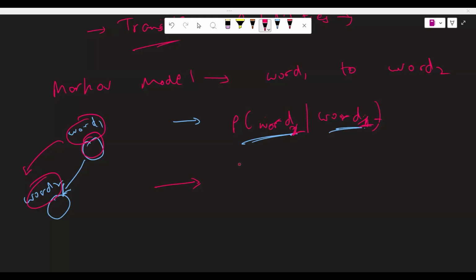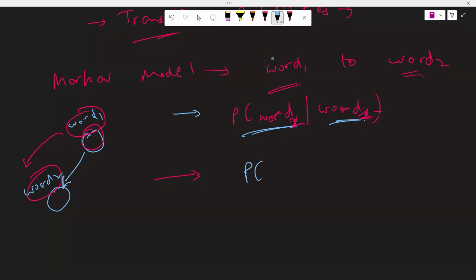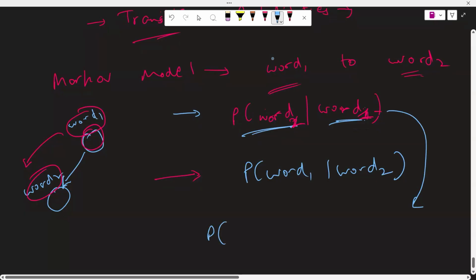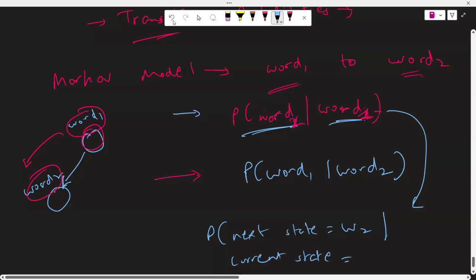Okay. So actually, this, in my opinion, can be defined in both ways also. It can be defined through this as well. The reason over here, we are saying that what is the probability of the next state being word 2 given the current state is equal to word 1.